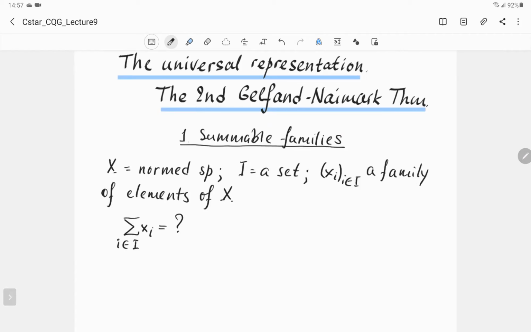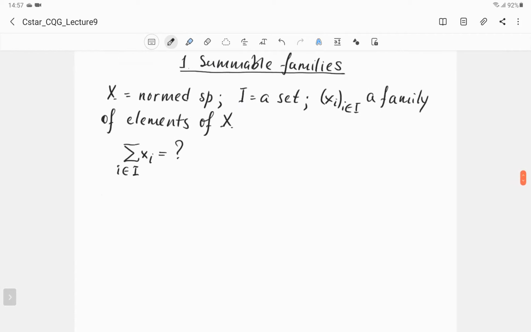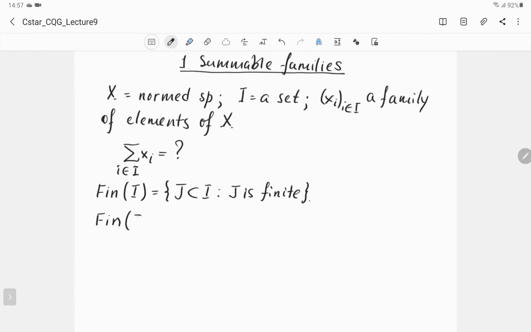So to give a precise meaning to this expression, we do the following. We consider the family of all finite subsets of I. We denote it by Fin(I). This is the collection of all finite subsets of I. And we observe that this set is a directed, partially ordered set with respect to inclusion.